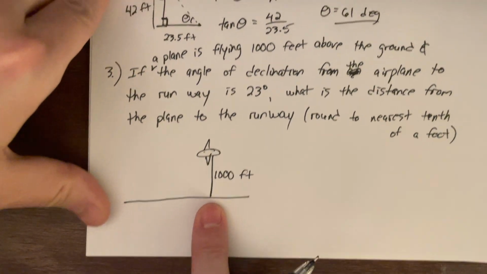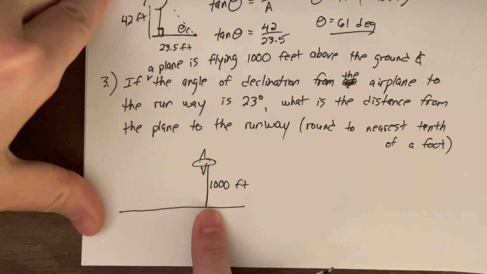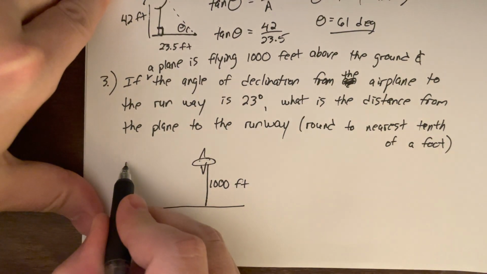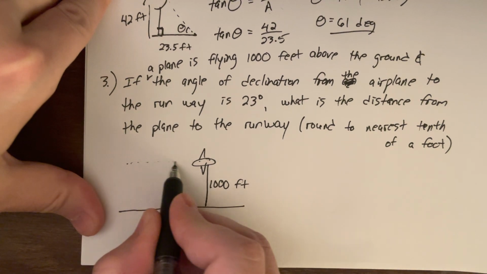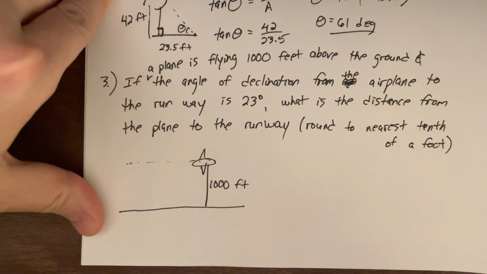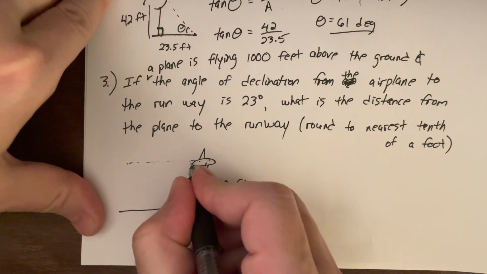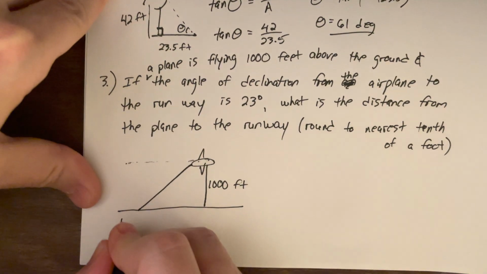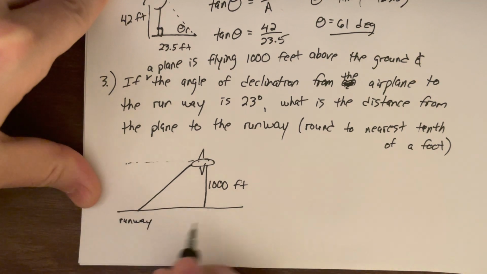In this one, you need to start off with something straight. So when we talk about the angle of declination, we have to start off with a straight line away from the plane, and then the angle going down from that to the runway. So the runway would be right here.